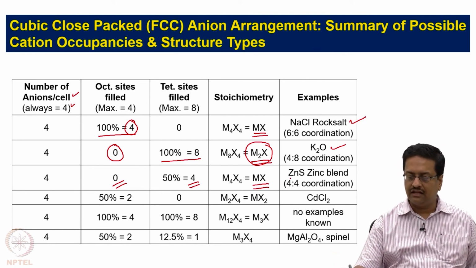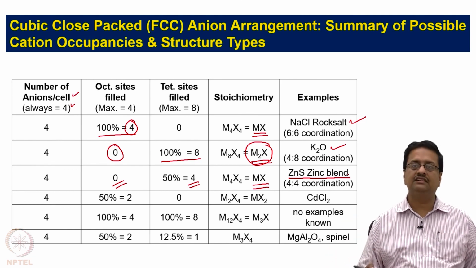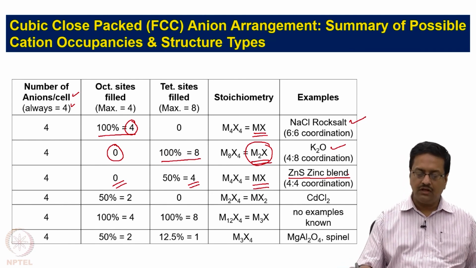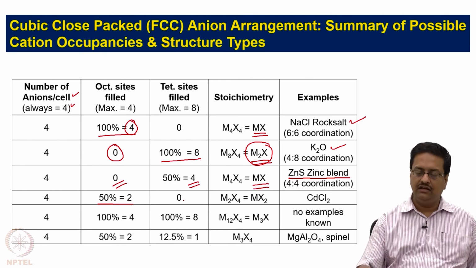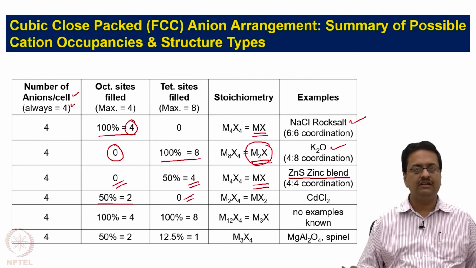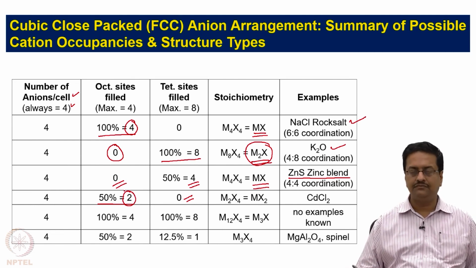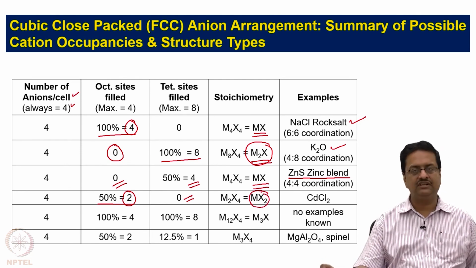An example of that kind of structure is zinc sulfide, or ZnS. When the reverse happens, that is 50% of the octahedral sites are occupied and not a single tetrahedral site is occupied, you have 2 cations and 4 anions. That means you have an MX2 type of structure. This is an example of the cadmium chloride structure.